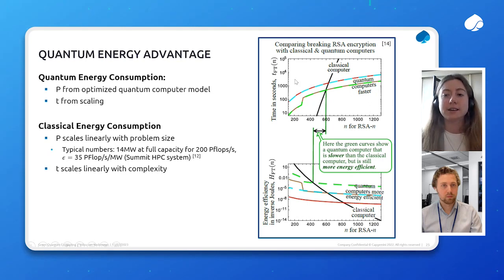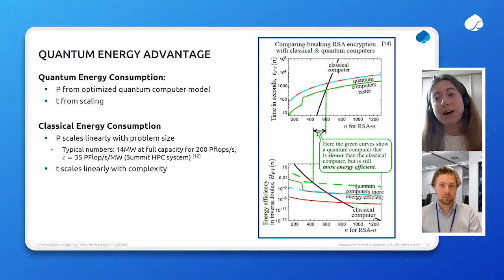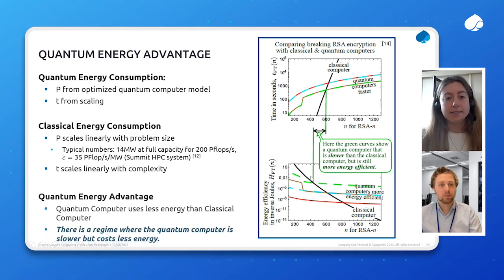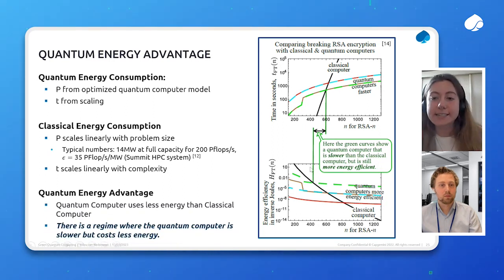At lower complexity, lower bits of the RSA code, your classical computer would be way more efficient, but at higher complexity, your quantum computer becomes way more efficient. And this is then used combined with the optimized power consumption to make an estimate of the energy efficiency.